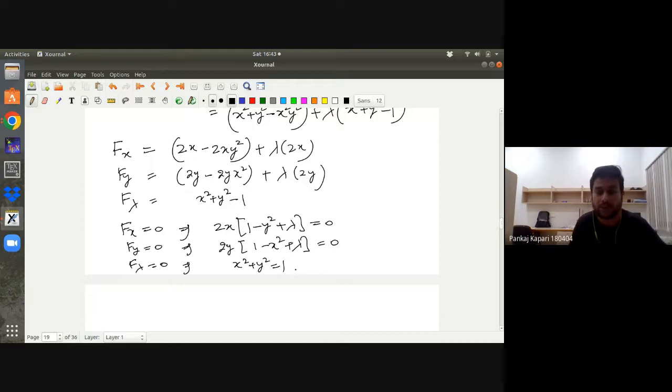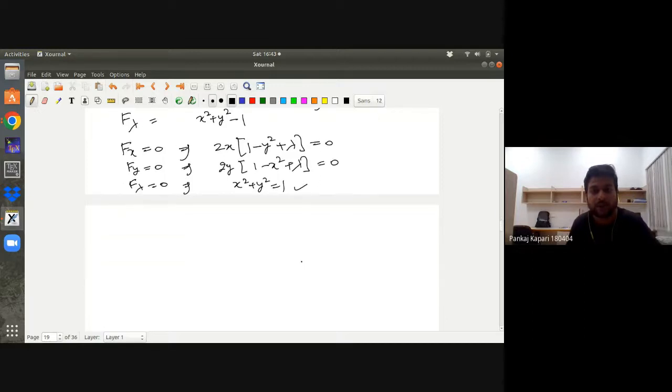So this is just our constraint. We already know that x and y satisfy this equation. Now we have to find the values of x, y, and lambda. Because we are on the boundary, assume that x and y are non-zero. x can be 0 on the boundary, but if x is 0 on the boundary, then we know what the value of y is.